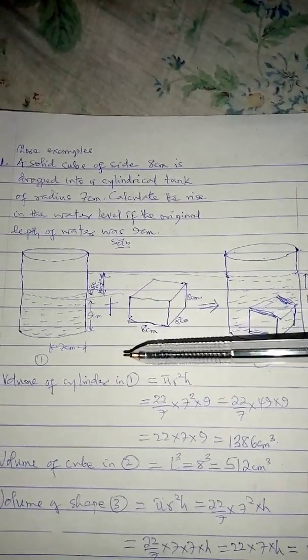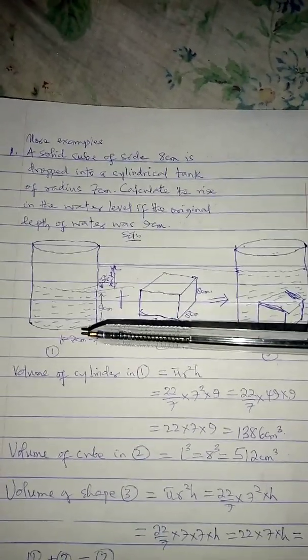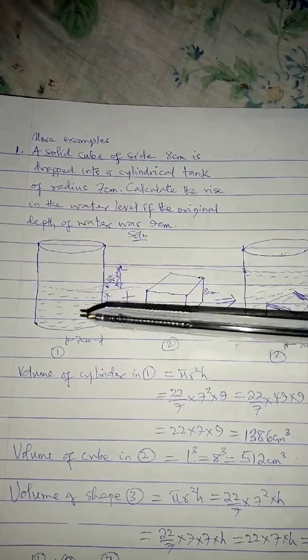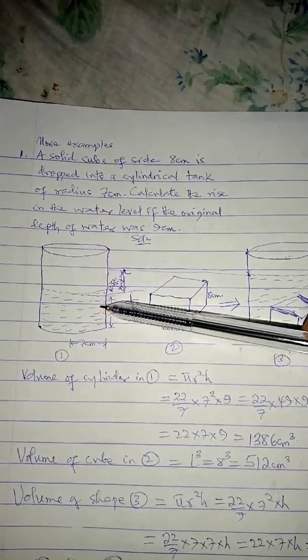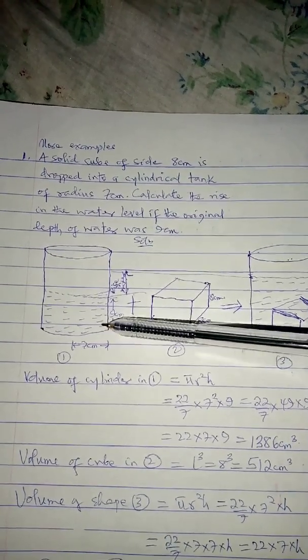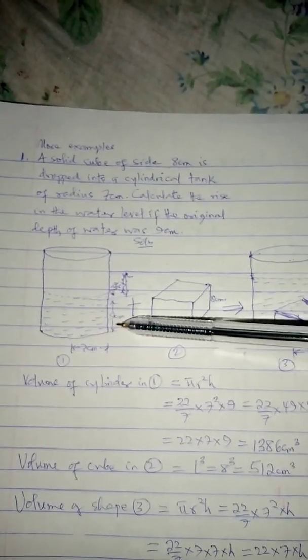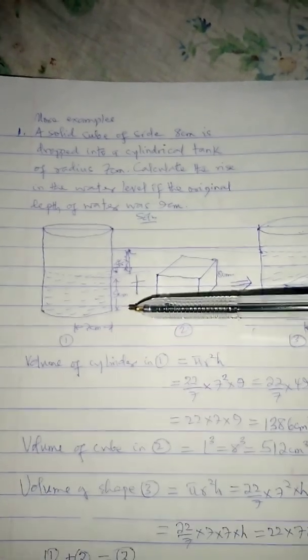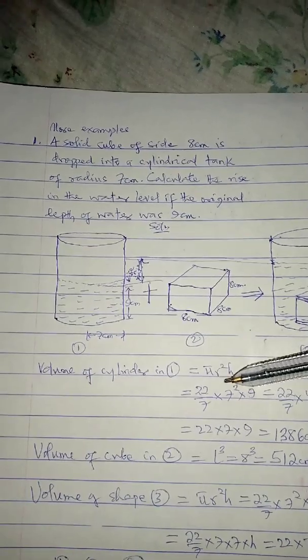Now, get the volume of your cylinder. Volume of cylinder in 1 is the same thing as the water in the cylinder, and that will be pi r squared h.